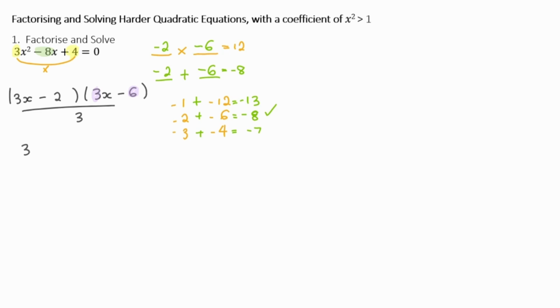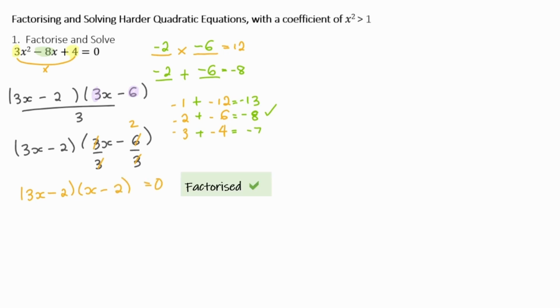So we are going to keep the first bracket 3x minus 2 as it is. And for the second bracket, we are going to divide each term by 3. 3 divided by 3 is 1, and 6 divided by 3 is 2. So our factorized form will be 3x minus 2 in the first bracket and x minus 2 in the second bracket.